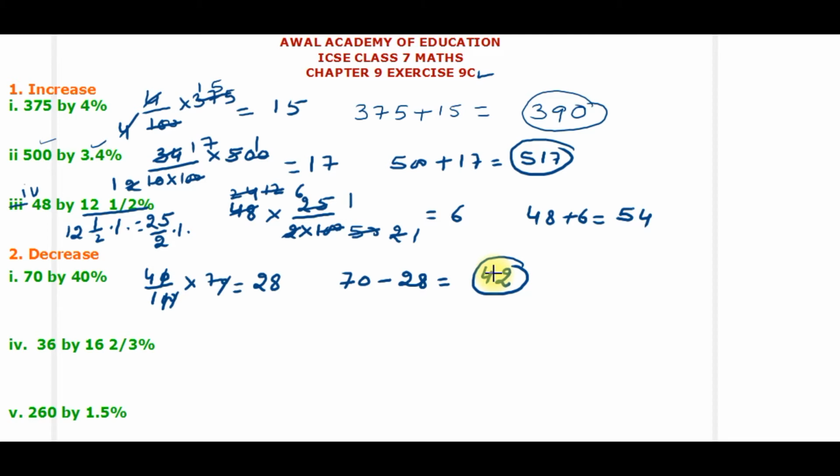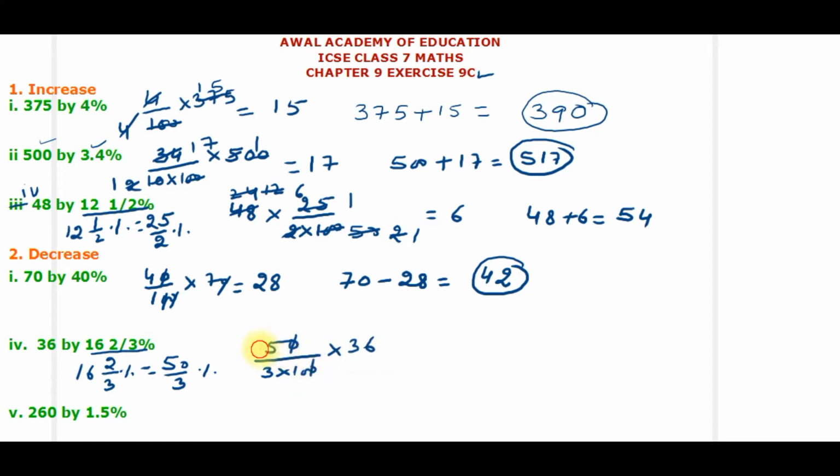Now we will move on to the next. This is decrease 36 by 16 and 2 by 3%, or we can write it as 50 upon 3%. So we find 50 upon 3% of 36.